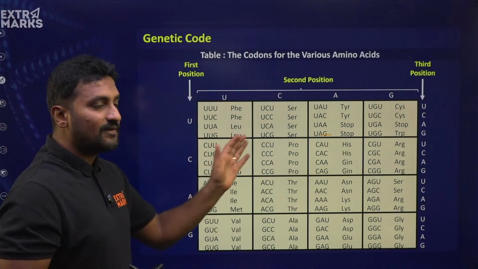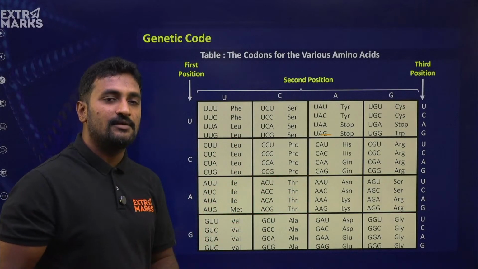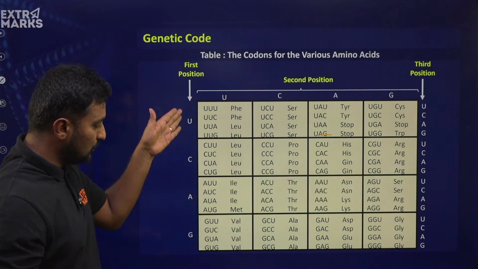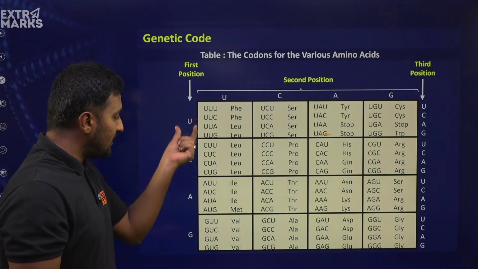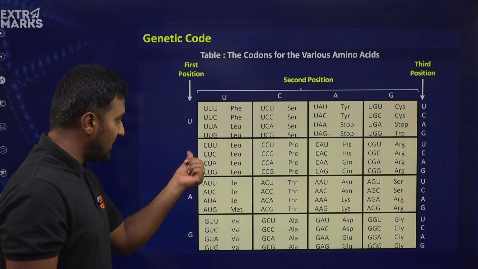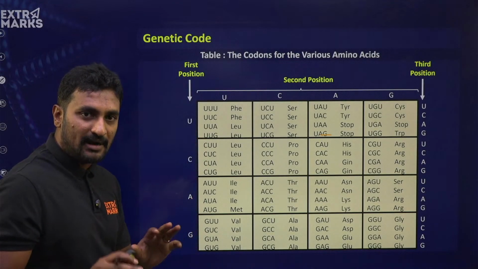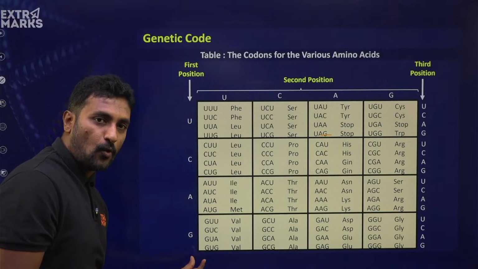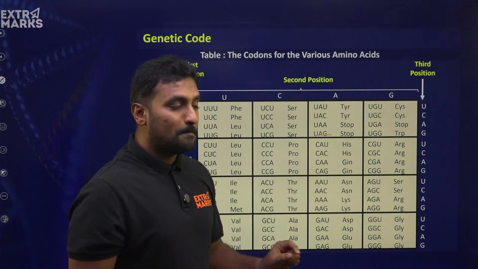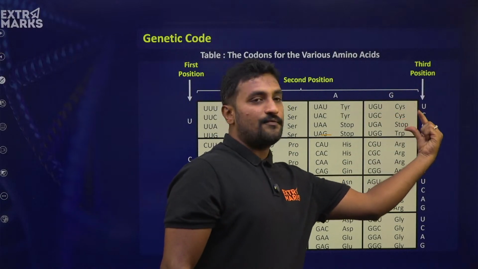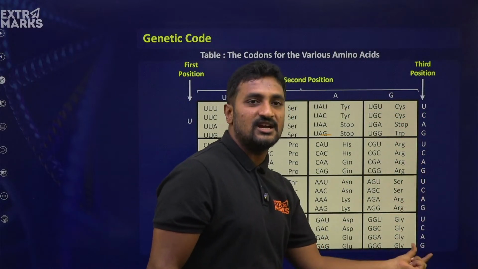A very easy way to remember is already given in your textbook. You can write UCAG, or you can change this order also. There is no rule that you have to write UCAG only all the time. You can write UACG also, but make sure whatever order you take for every box here, the same thing remains on the top side. But on this side, you can see on every box UCAG has been written.